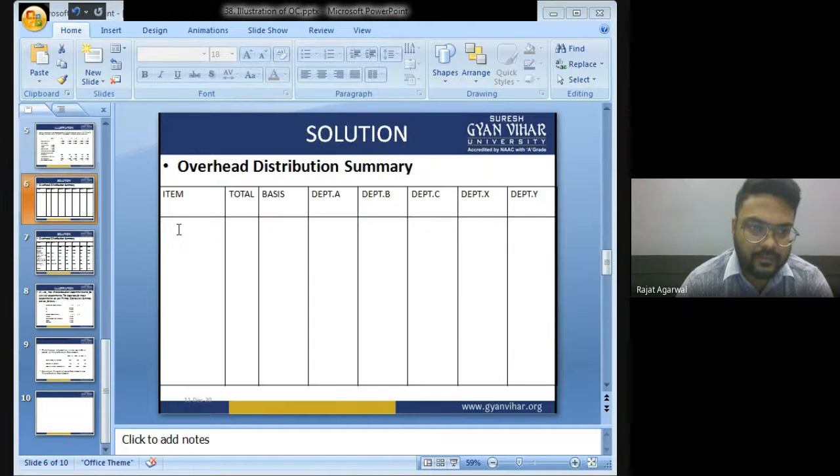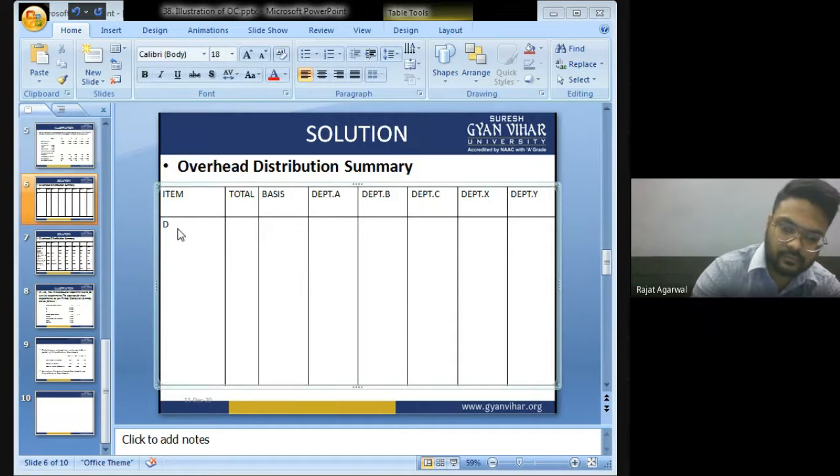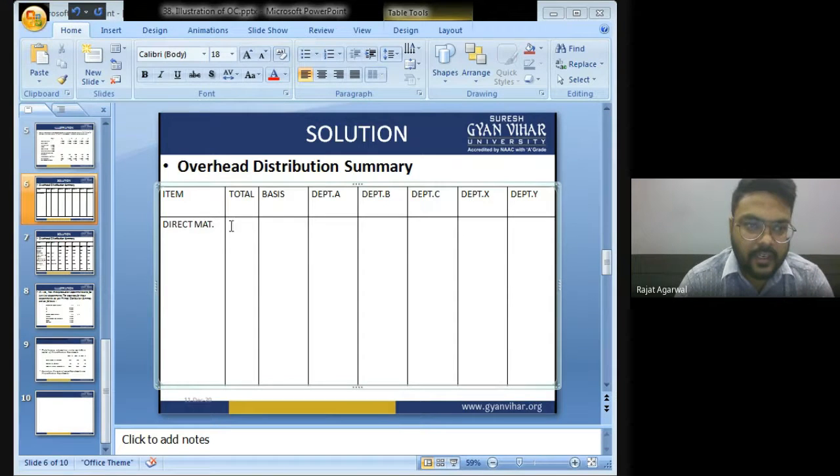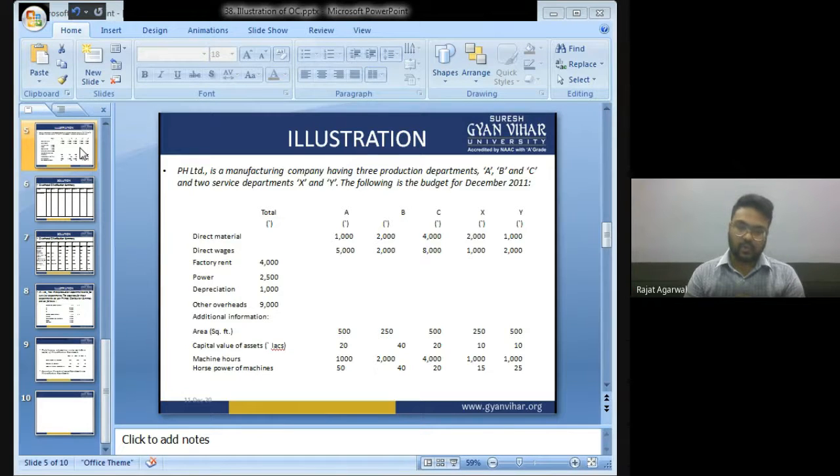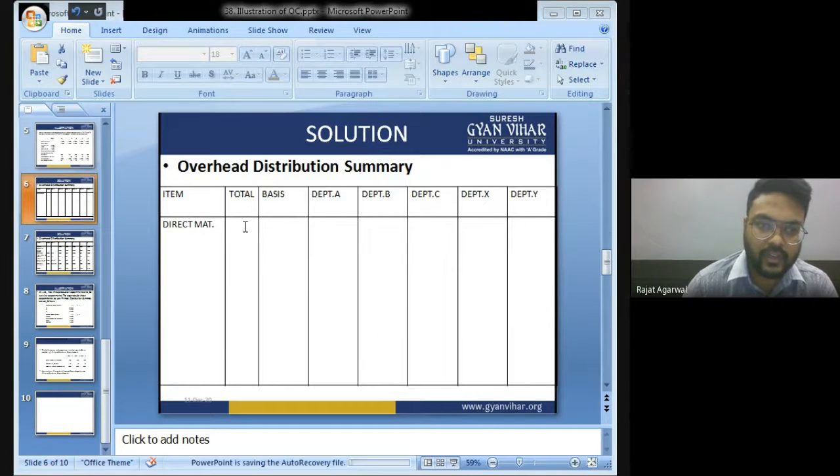Direct material. Let's take out the total of direct material: 1000 plus 2000 plus 4000 plus 2000 plus 1000. That is 10,000. Total is 10,000.